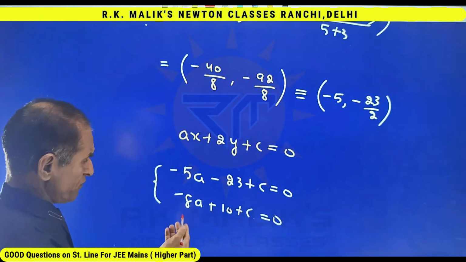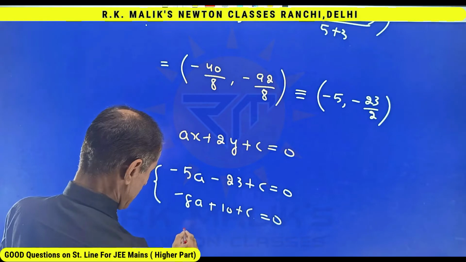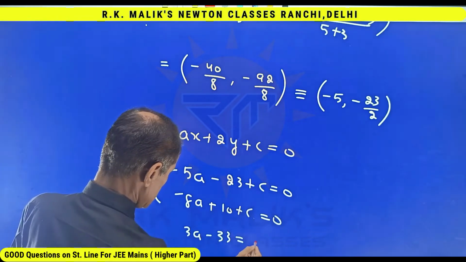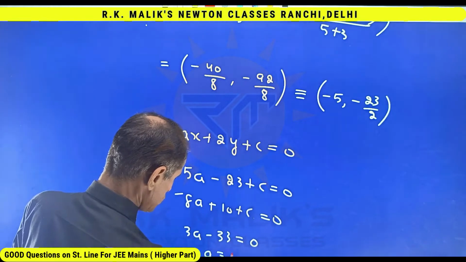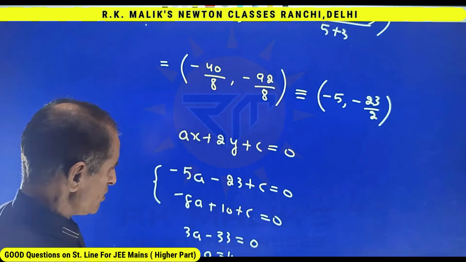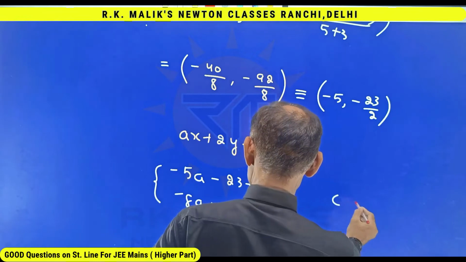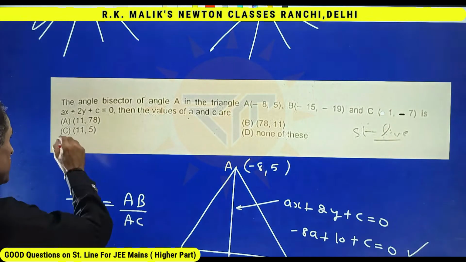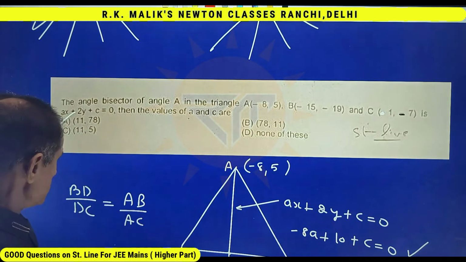And to find the values of a and c, clearly subtracting I get 3a minus 33 equal to 0, that is a equal to 11, and afterwards c becomes 78. Hence I can say A becomes the correct choice.